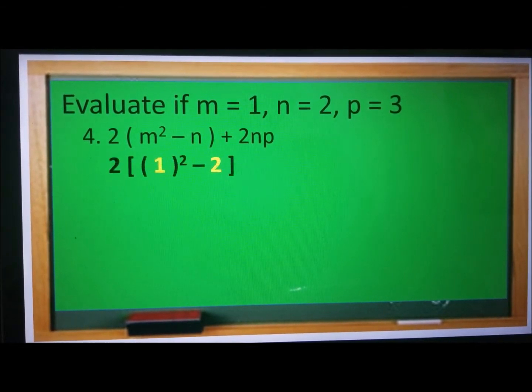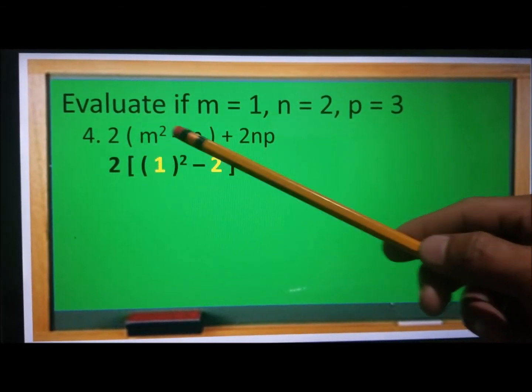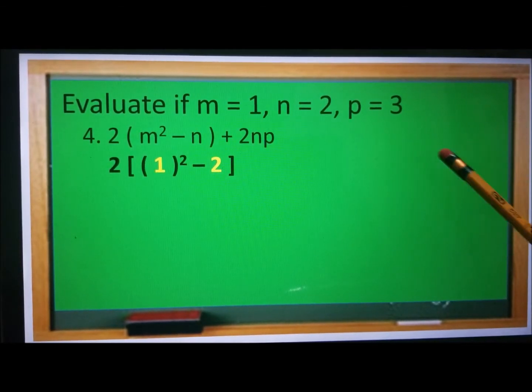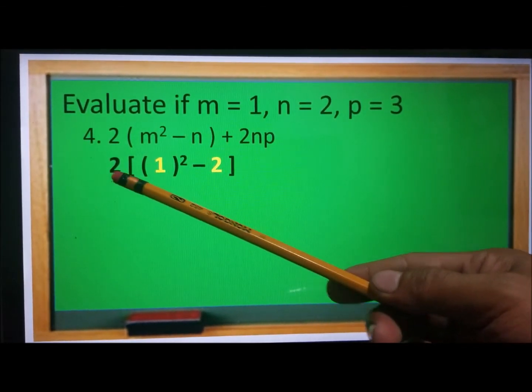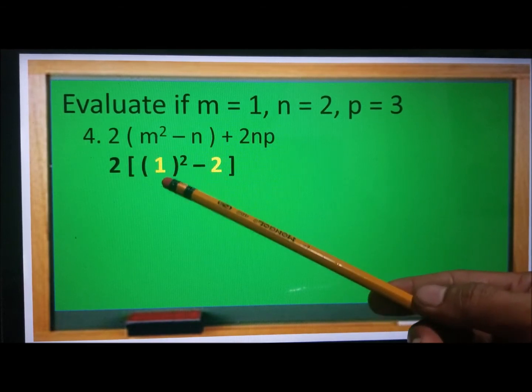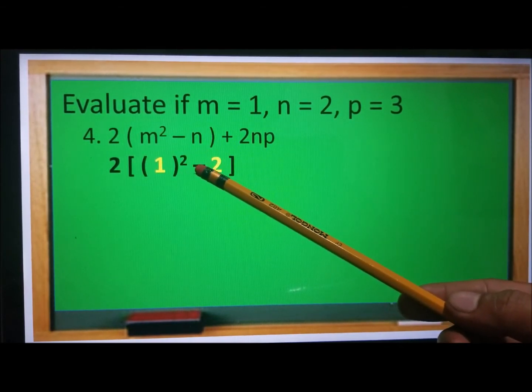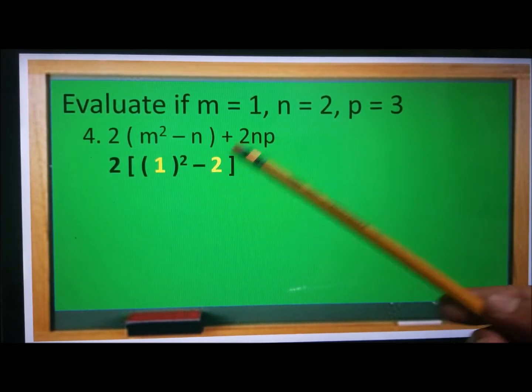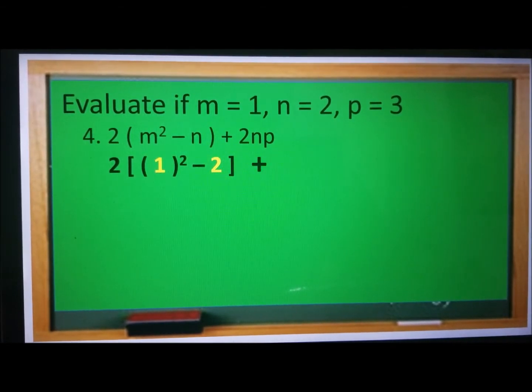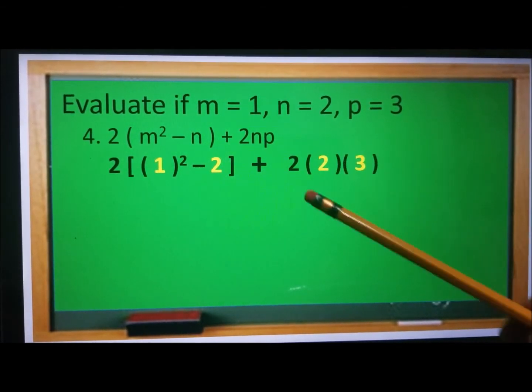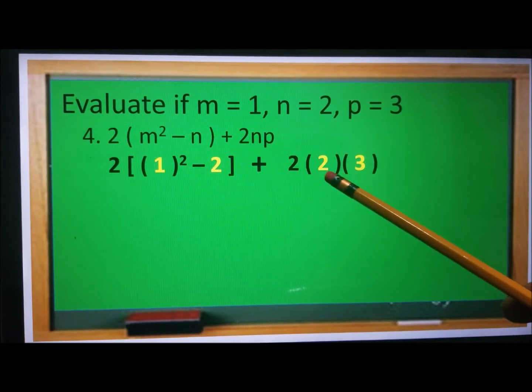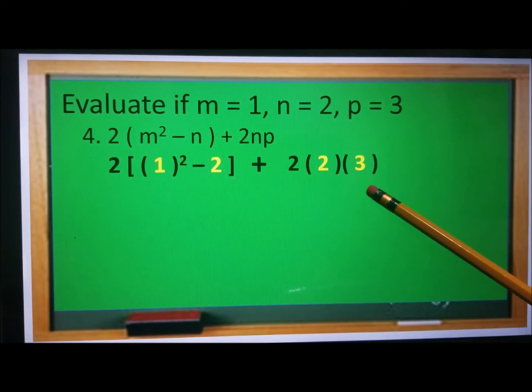So let's substitute the values into the given expression. Let's have 2 times the value of m squared minus the value of n, which is 2, plus 2 times the value of n, which is 2, and the value of p, which is 3.